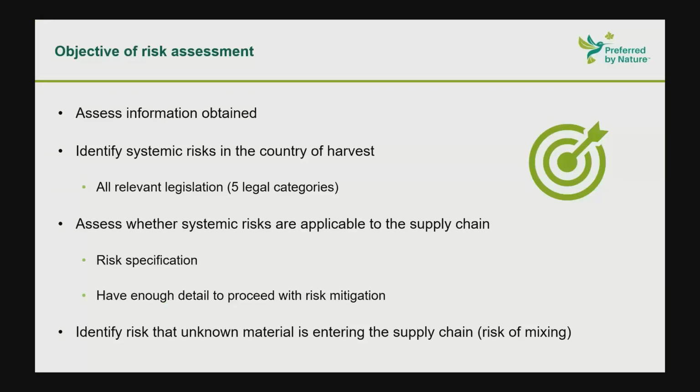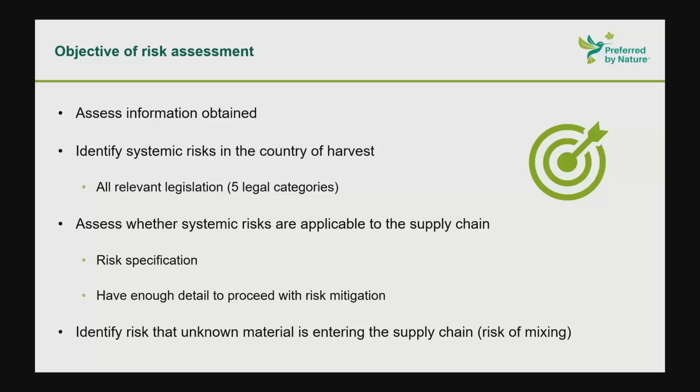So the objective of the risk assessment phase is to assess the information that has been obtained, to identify the systemic risk of illegality in the country of harvest. So again, we have 5 categories of relevant legislation, and to assess whether there's a systemic risk applicable to your supply chain, right? So if there's a risk at the country level, is it applicable to my supply chain?